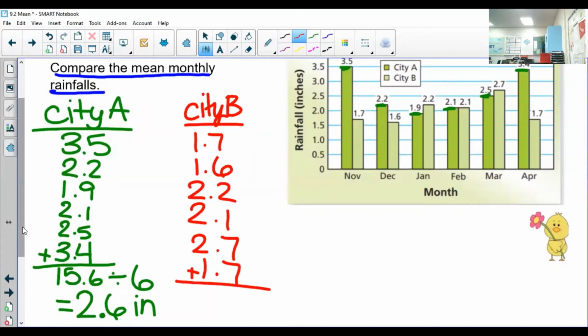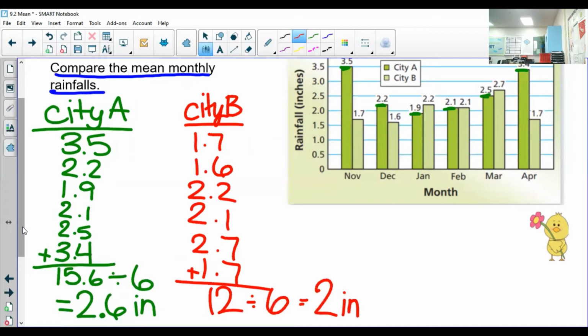Sorry, I'm trying to write these and add them at the same time. Okay, there we go. So we've got all of our numbers lined up. We're going to add them together, and this time you will get 12. And we have the same amount of months that we're comparing, so we're just going to do 12 divided by 6, which equals 2 inches.